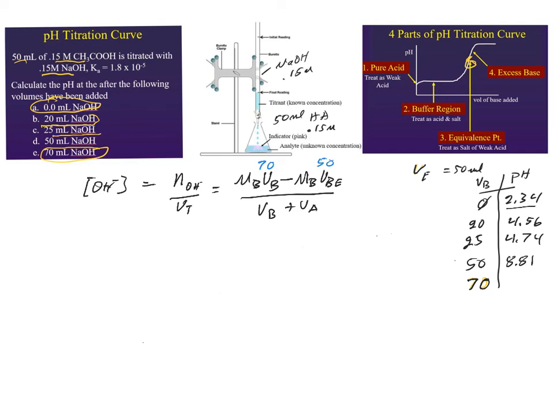So now this is equal to the molarity. Now I can factor out the molarity of the base, and so that's equal to 0.15 moles per liter, times the 70 mils that I added minus the 50 mils that were consumed when it reacted with the acid. So we have 20 mils excess, which makes sense.